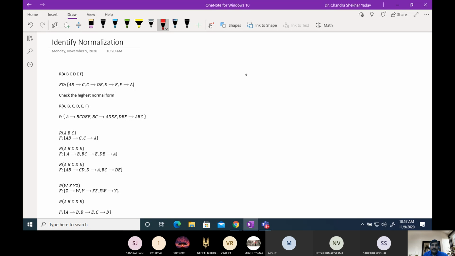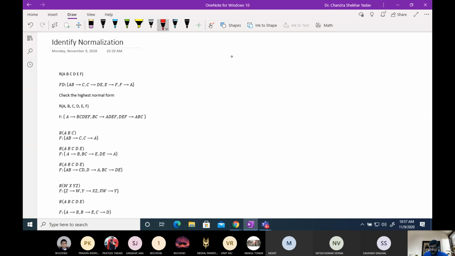And fifth normal form, a relation is said to be in fifth normal form if and only if it is in fourth normal form and there should not be any join dependencies. If a join dependency occurs, then we decompose that relation with respect to that join dependency and we transform the table up to fifth normal form.